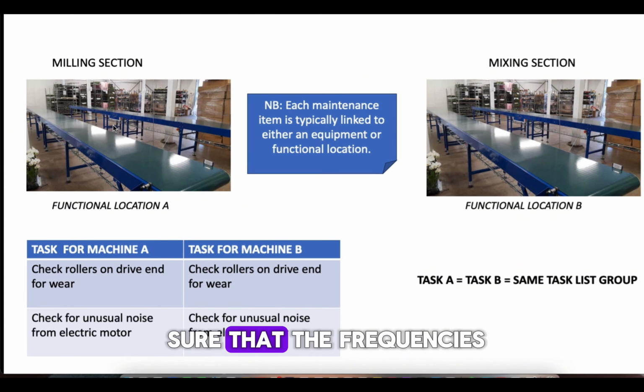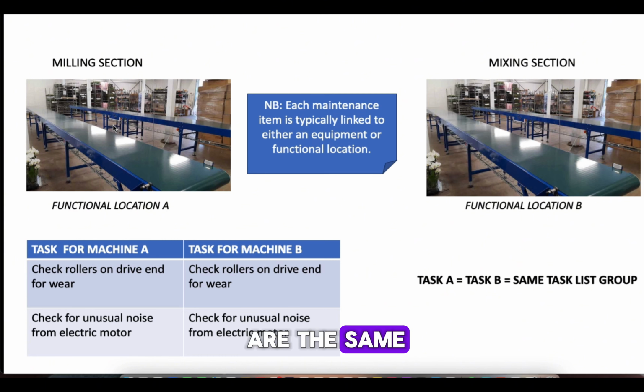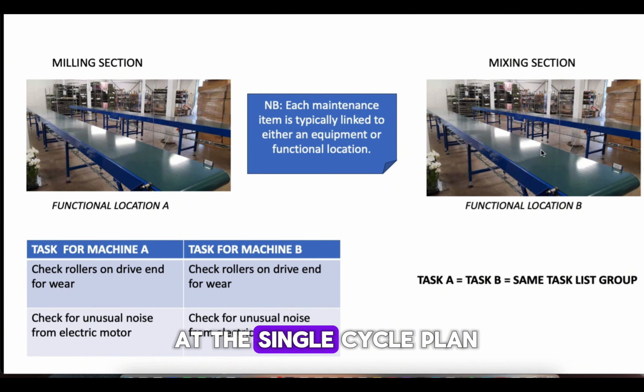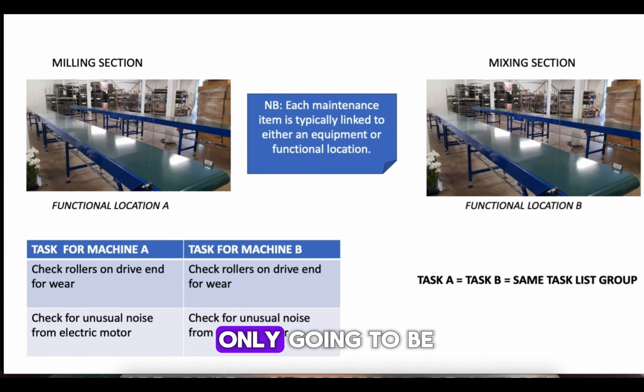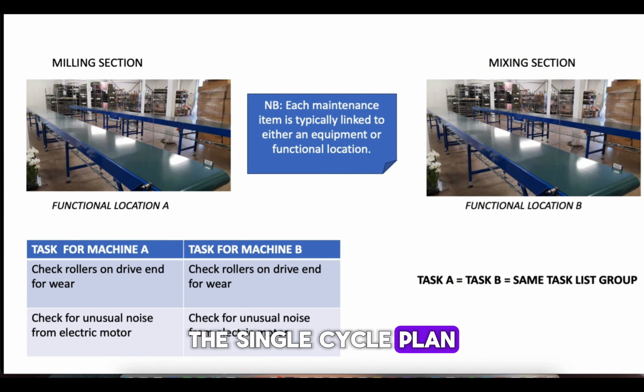So we have to make sure that the frequencies are the same. If I'm creating a 4 monthly plan here, it means that I'm also going to be creating a 4 monthly plan here. This is so because we are looking at the single cycle plan. Like I said, we're only going to be looking at the single cycle plan.